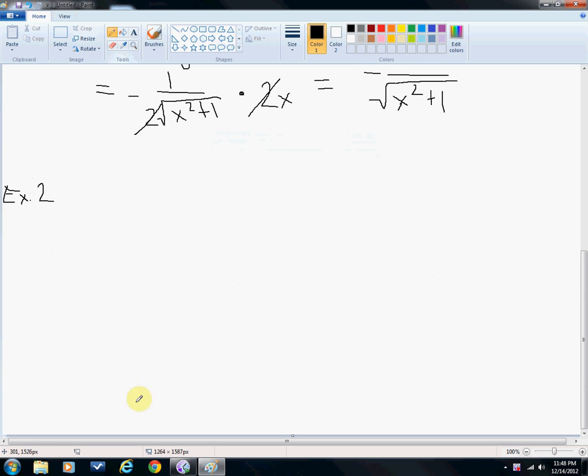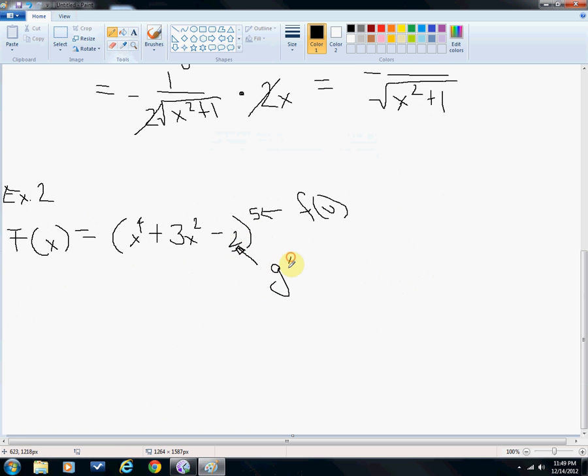Capital F of x equals x to the fourth plus 3x squared minus 2, all to the fifth. Here, the to the fifth is the function outside, and the stuff inside is g of x.